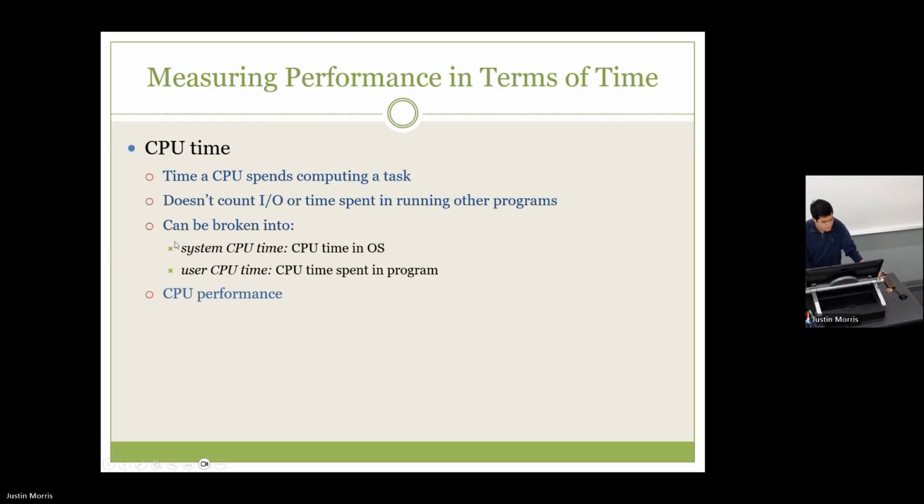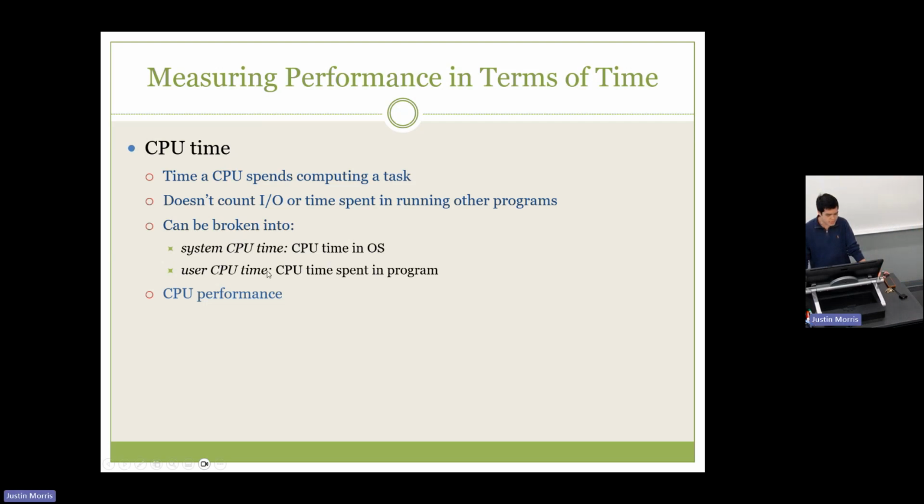And then it's going to be broken into these 2 different pieces. System CPU time, which is the CPU time spent in the operating system. That's when it gets interrupted by the scheduler, saying, oh, we're a system that needs to run multiple programs at once, right? Because in order for me to do something like this, say I only had 1 core, the only reason that we can do this is because the CPU can swap tasks very fast, right?